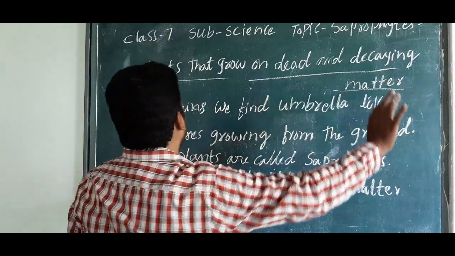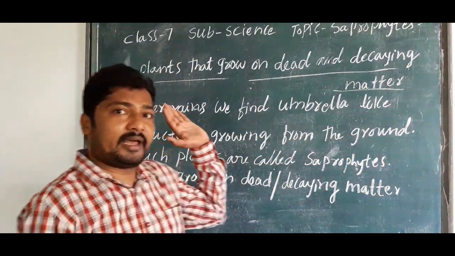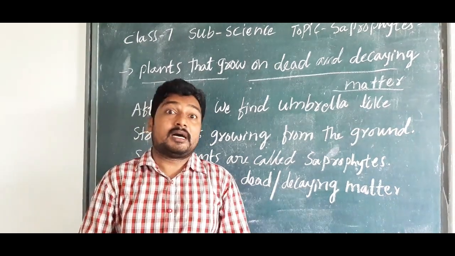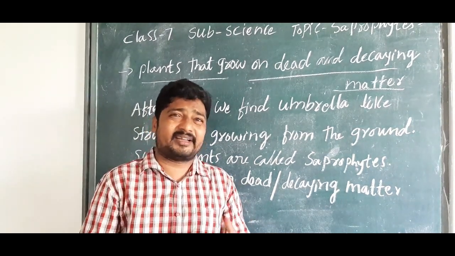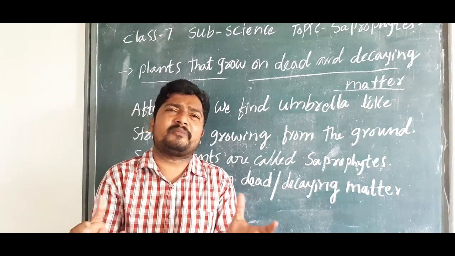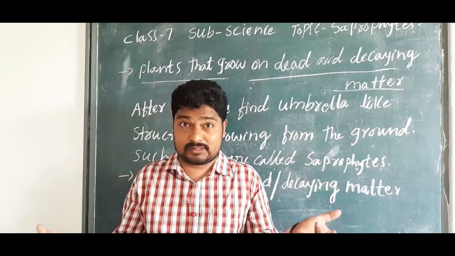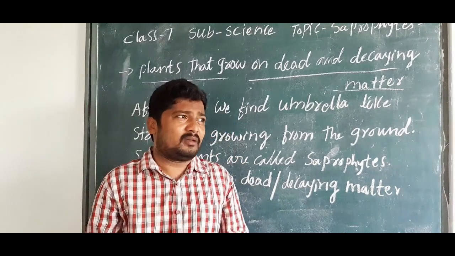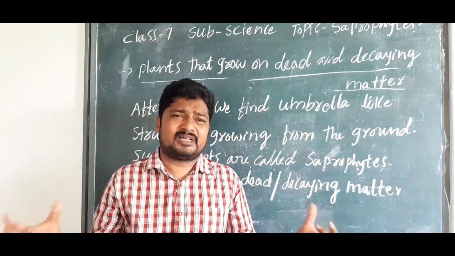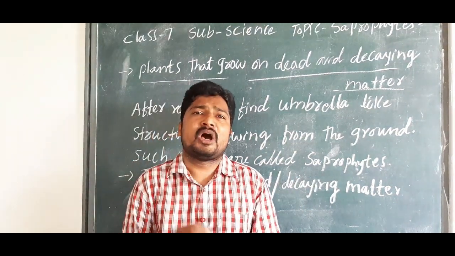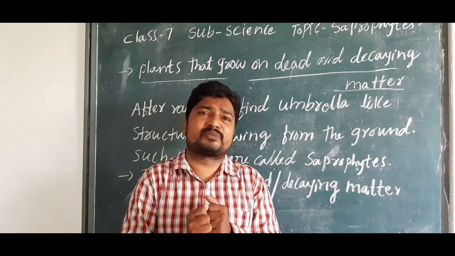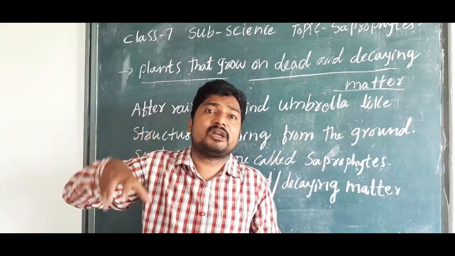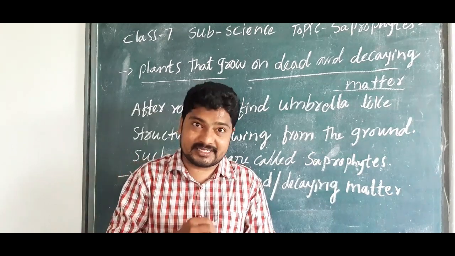During the rainy season, after rains, we find dry grass, manure or garbage in places. Near those places, we find mushrooms with white and black spots, shaped like an umbrella.